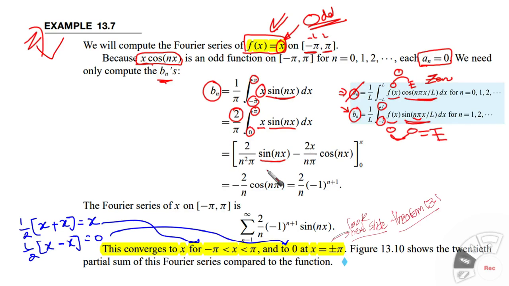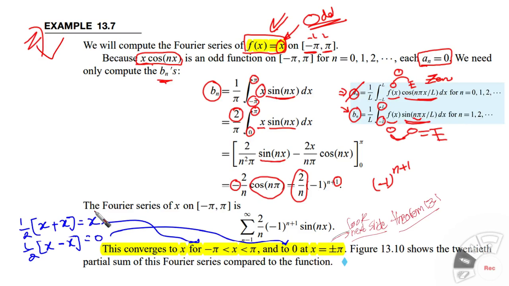If we substitute in these two terms in order to obtain the final integration, we are going to end up with minus 2 over n times cosine n pi, and we said that it equals exactly minus 1 to the power n. And we have another minus here, so we are going to add another one here. So it is going to be minus 1 raised to the power n plus 1. And 2 over n is going to be like the constant here.